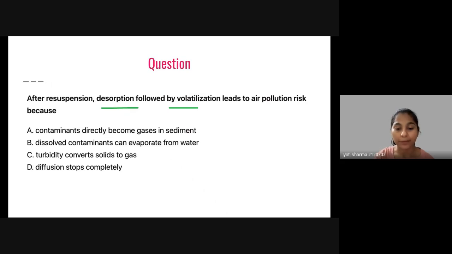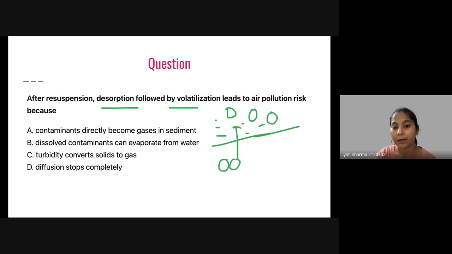So you have sediment, okay, and this sediment is moving to the water side. The particles of the sediment are moving to the water side. So in the water now we have sediment particles. Okay, and on the sediment particles the contaminants are attached.